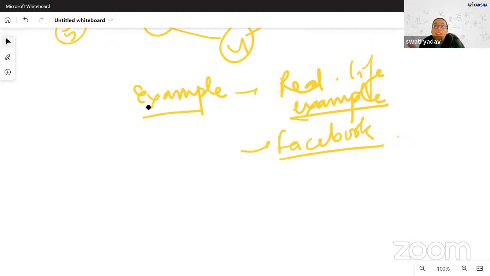Or any Facebook page that you've liked, any other video that you've liked, that's an edge from one node to another node. Okay. Facebook and other social networks are just a huge collection of nodes and edges. So that is one real life example of where you find graphs in real life scenarios.